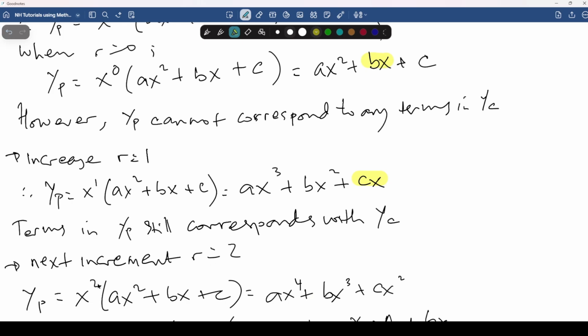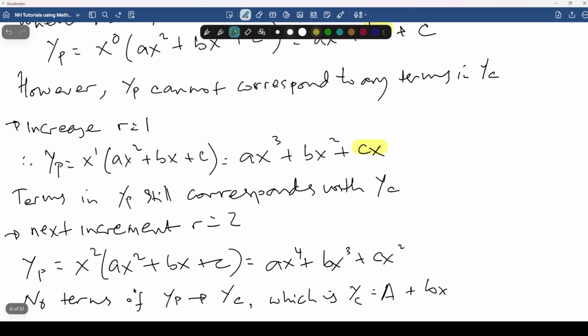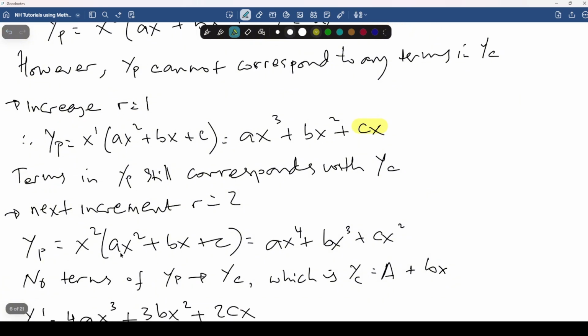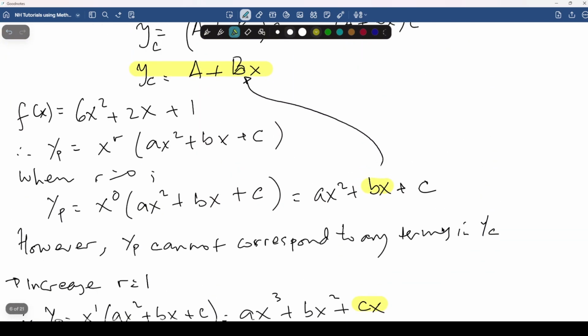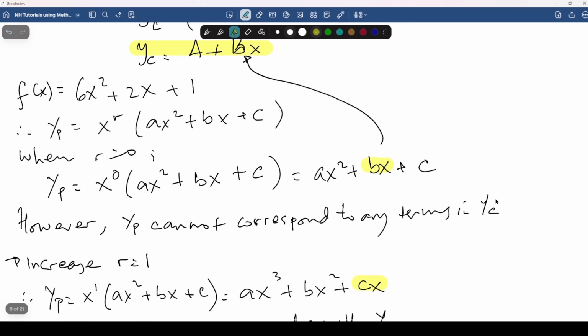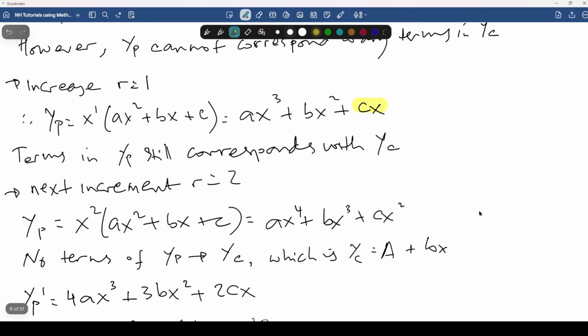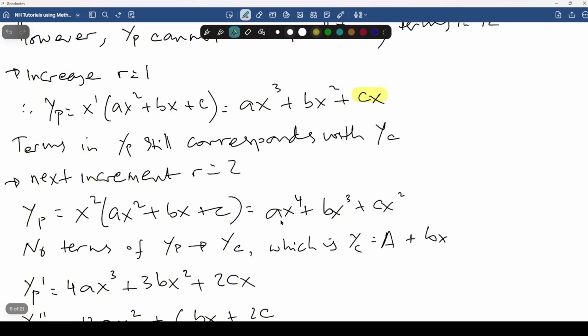So x squared multiplied by the base solution ax squared plus bx plus c gives ax to the power of 4 plus bx cubed plus cx squared. Again, we check whether any of these terms correspond with our yc. We have A plus Bx in the yc, and in this case we do not have any similar terms.